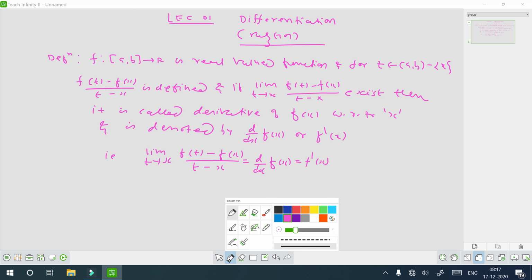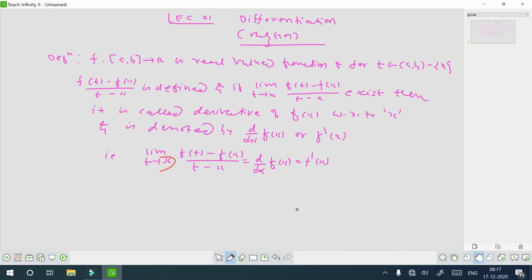Here the limit is t tends to x. So t takes nearer and nearer values to x, but it cannot be x. This is the reason why we are taking this. This function is defined in this interval, not the closed interval but the open interval.